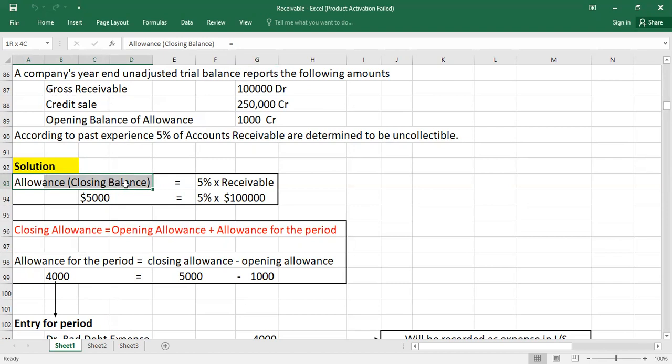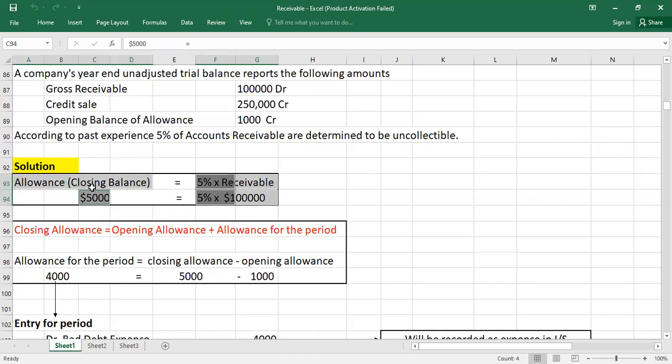This will give you the allowance as a closing balance, because you are going to apply the 5% to receivables, and receivable is your closing balance in the balance sheet, or in the trial balance. So 5% times 100,000 gives you $5,000, which is the closing balance of the allowance.